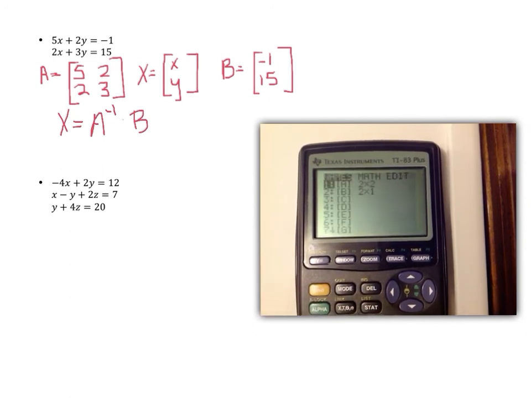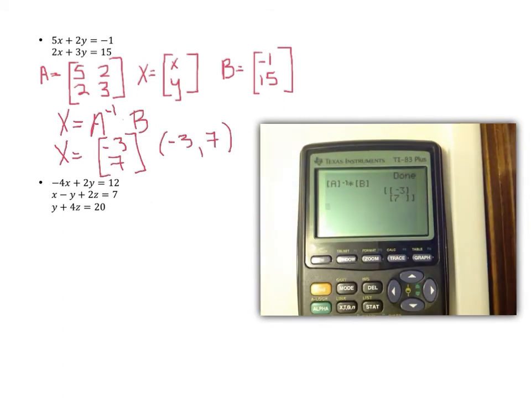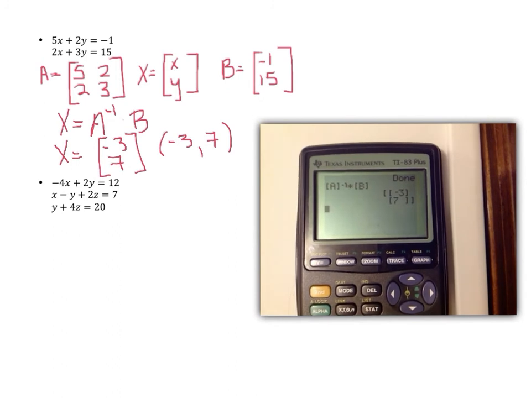And what I want is the inverse of matrix A times matrix B. And so my matrix X is equal to -3, 7. My coordinate solution is -3, 7. That means that X is -3, Y is 7.